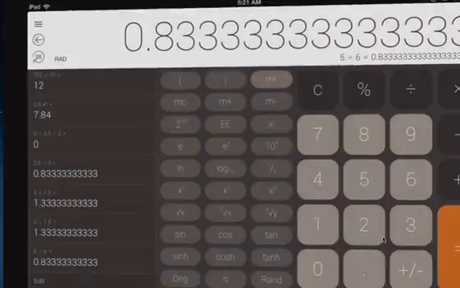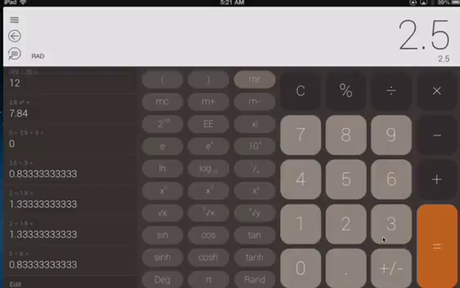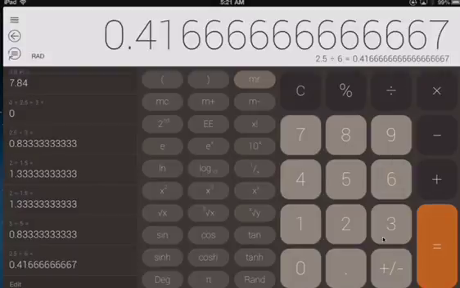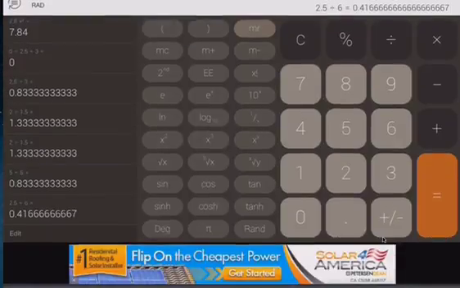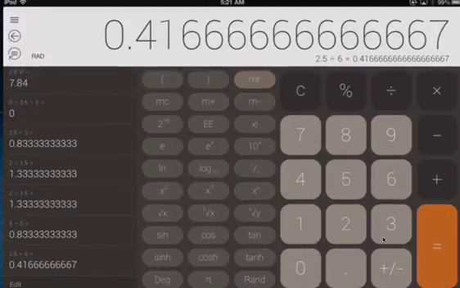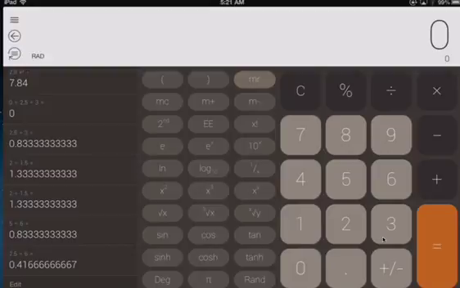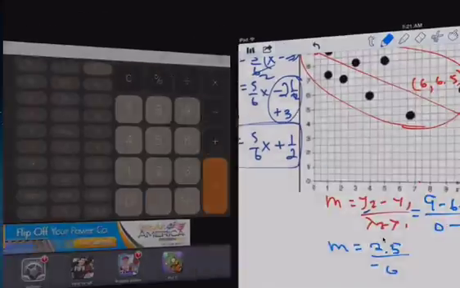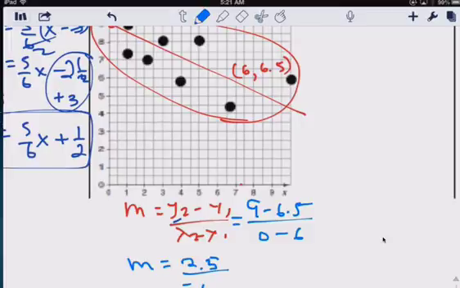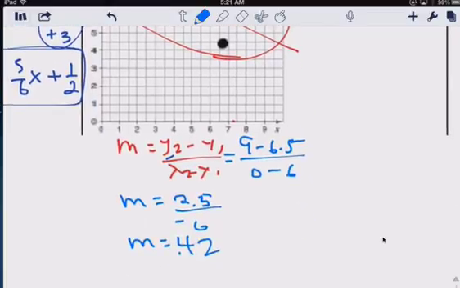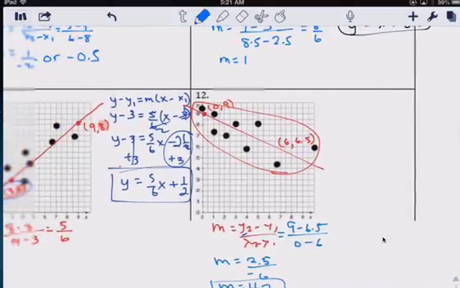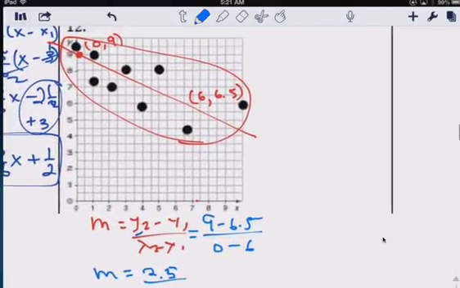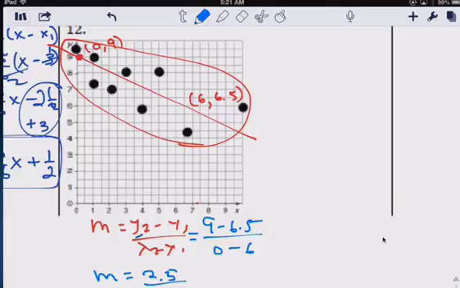And that also will give you a decimal. 2.5 divided by 6 is 0.41. Let's just round this, okay? 0.42. So m is about 0.42. I'm going to use the rounded one. Otherwise it gets too complicated.